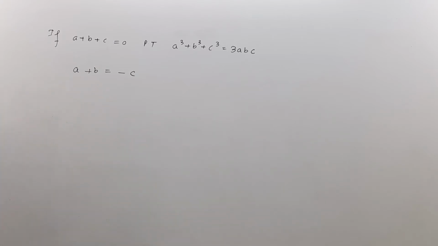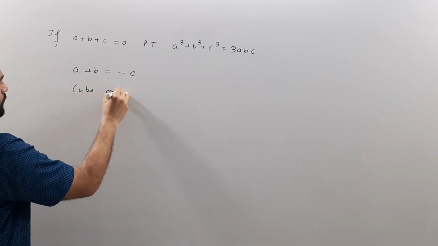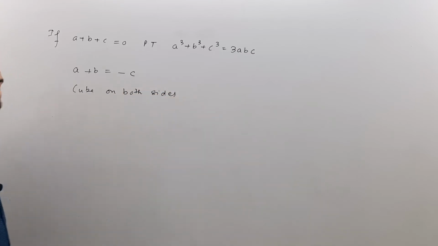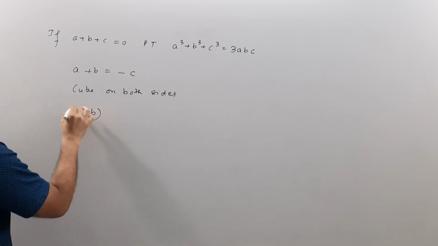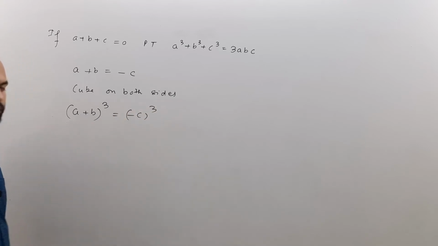Now what we will do is, we will expand it and we will cube on both the sides. What I am doing is, I am cubing on both the sides. So this becomes a plus b the whole cube is equal to minus c the whole cube.